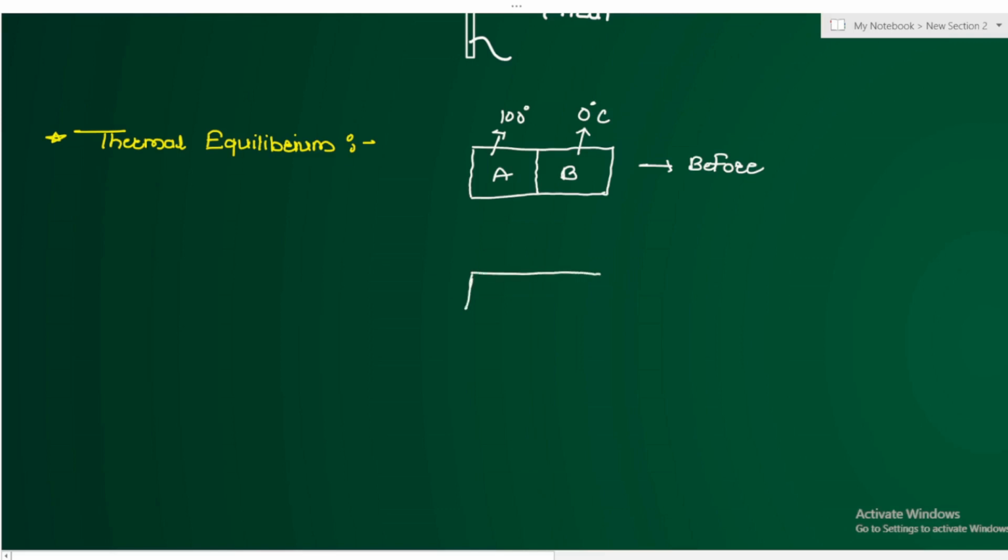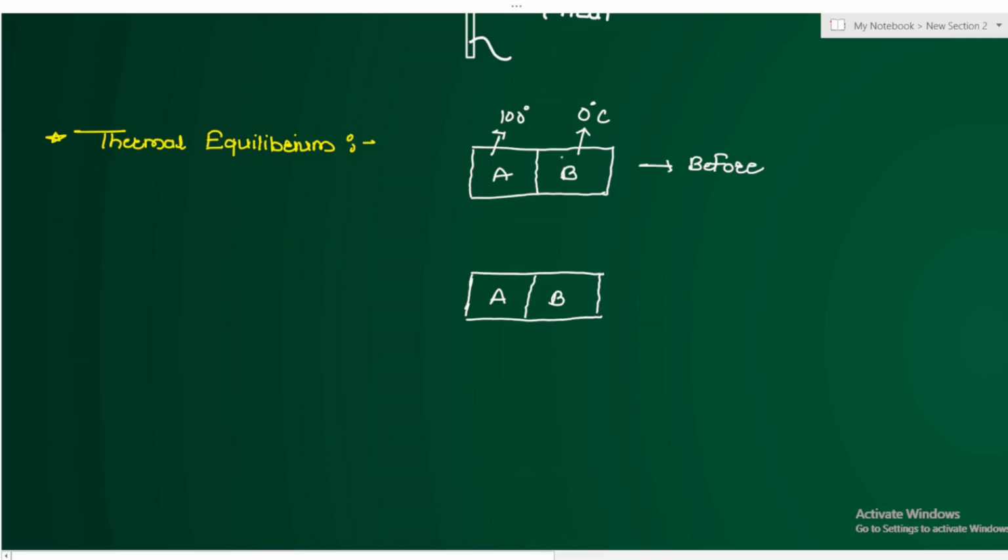So I will again draw the same system, A and B. Now here we can say that A and B are in contact with each other. So there is heat transfer between A and B. So now the heat donor is system A. Why? Because A has the highest temperature and B has the lowest temperature.